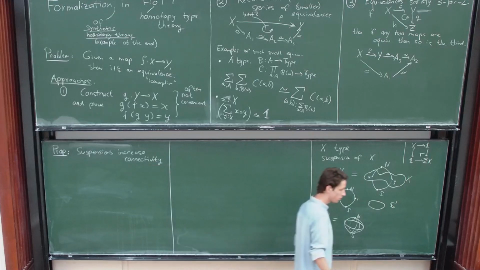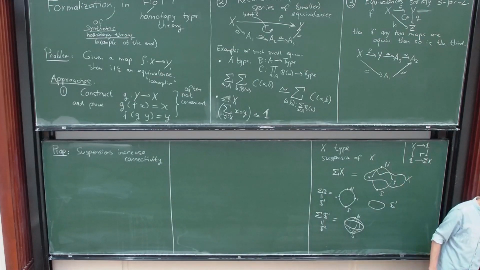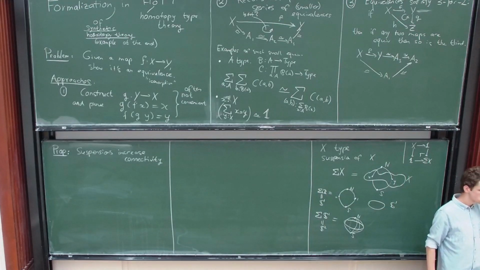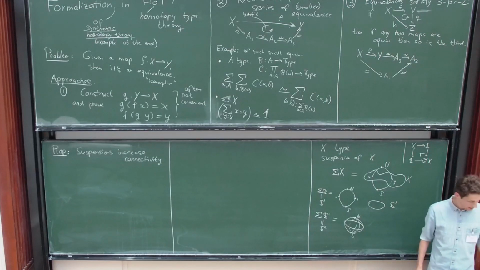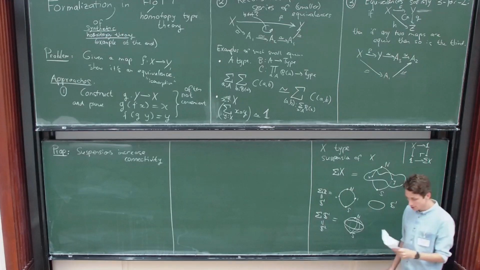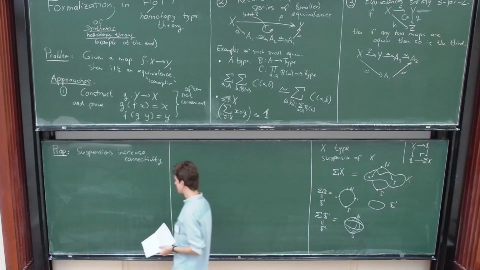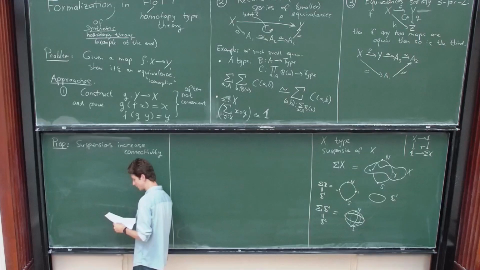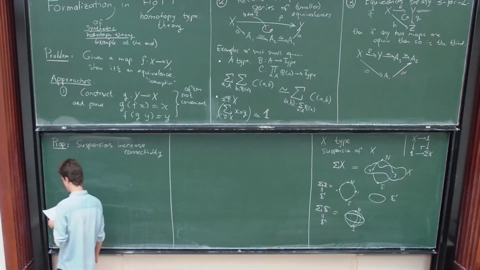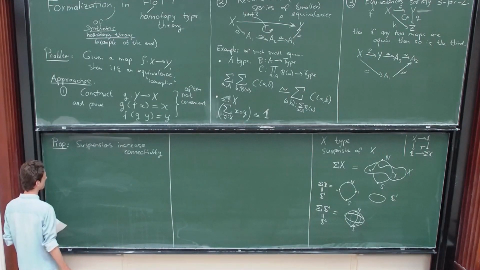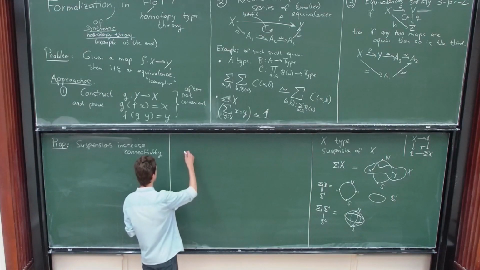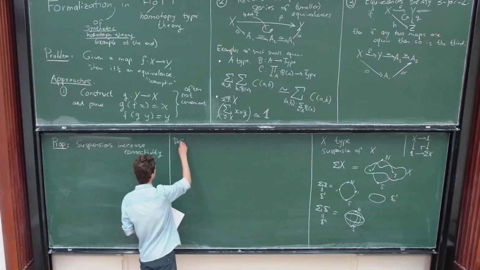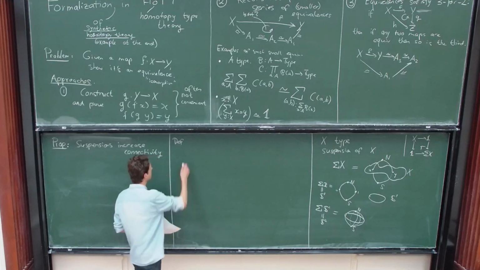Okay, that was a picture. That means that now it's time for a definition. This is maybe the most challenging part. It's not terrible, but you have to know a little bit. If you've never seen it before, you can take it as a definition.